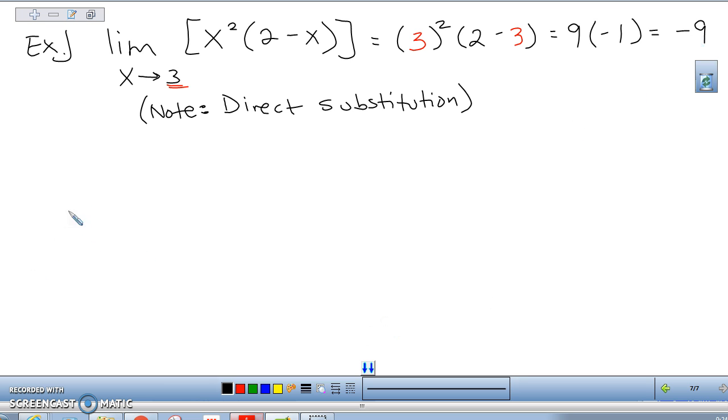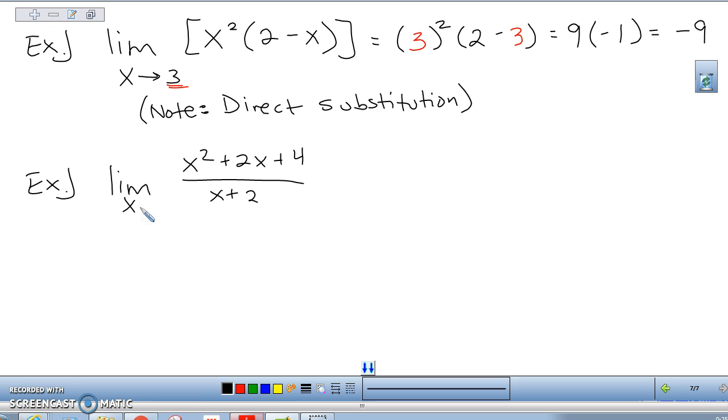Okay. Another example. The limit of x squared plus 2x plus 4 over x plus 2 as x approaches 2. Again, try it on your own. Direct substitution is what we should be applying here.